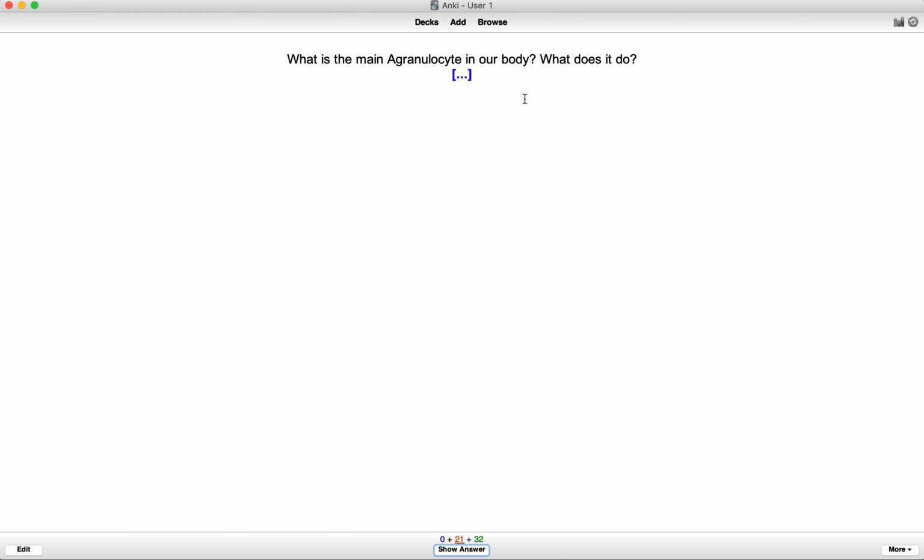What is the main agranulocyte in our body, and what does it do? Lymphocytes are the main agranulocytes in our body, and they're involved in killing infected cells. Is it a specific response?